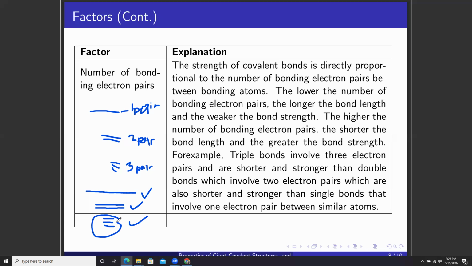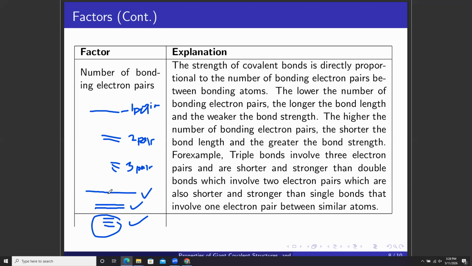Where you have too many electrons, as compared to this one where you have 2 pairs, and as compared to this where you have 1 pair. This is something which you can relate to. If you have too many electrons, there must be increased strength.